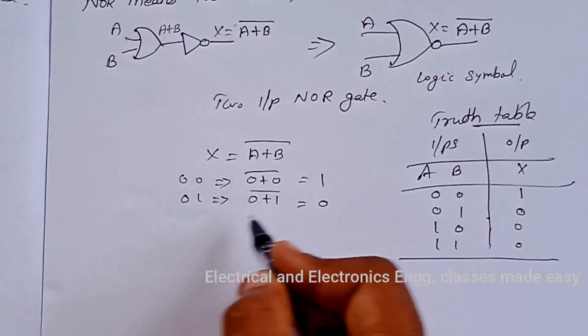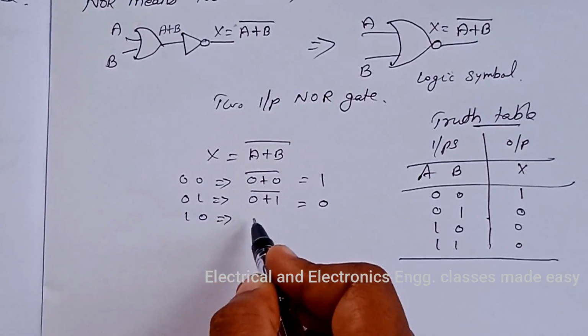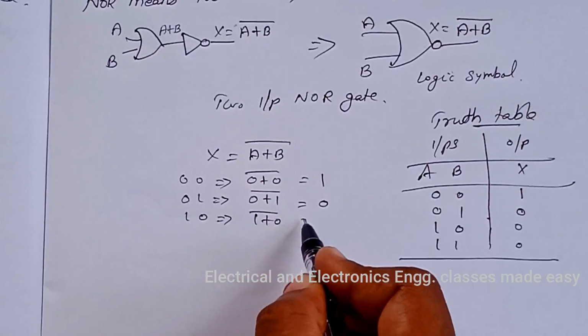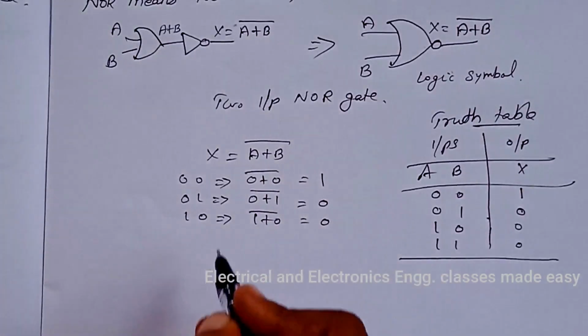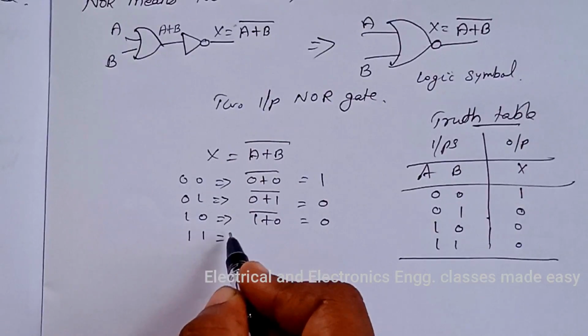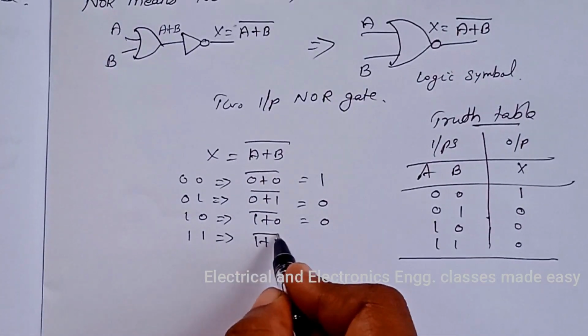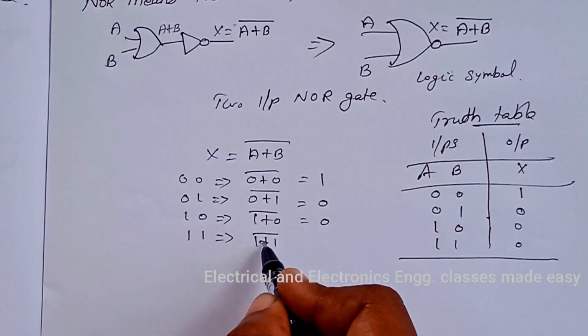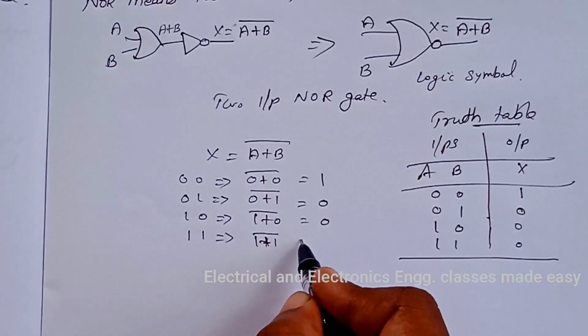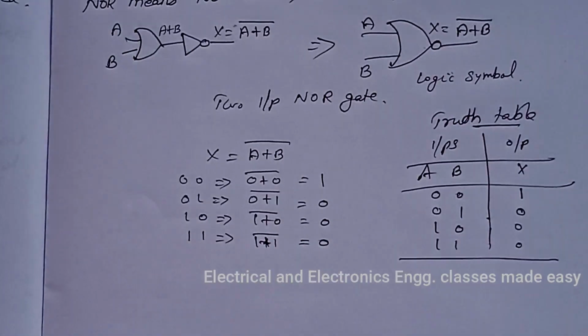Then 1 bar is 0. Then 1, 0. 1 plus 0 whole bar, that is again 0. Then when it is 1, 1, that is 1 plus 1 the whole bar. 1 plus 1 is 1 and its complement is 0.